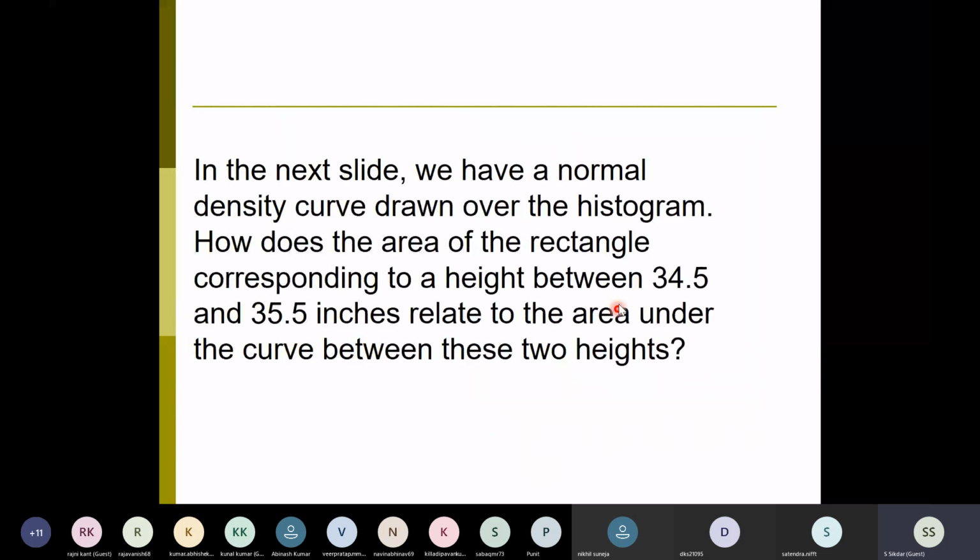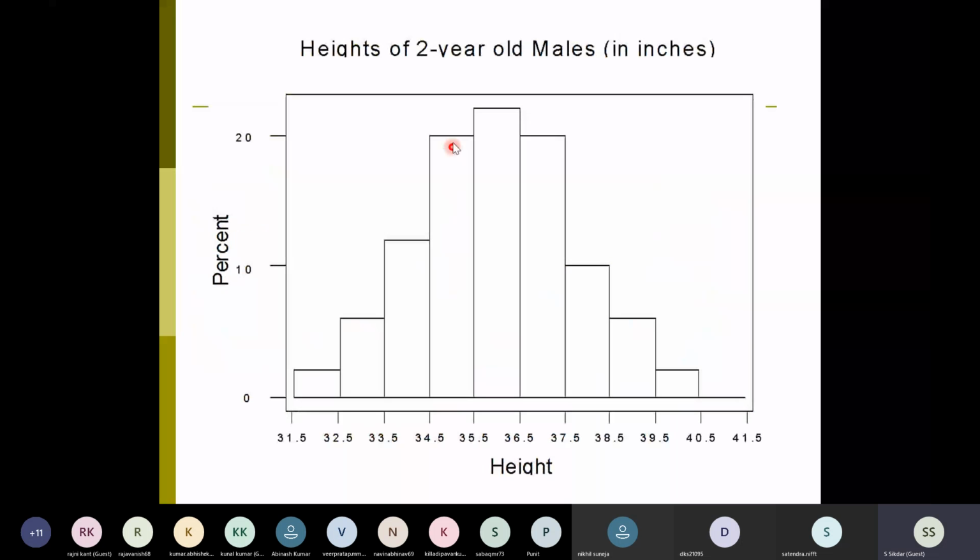How does the area of the rectangle corresponding to this height relate to the area under the curve? You get one area here, and what is the percentage, the fraction of the total area?